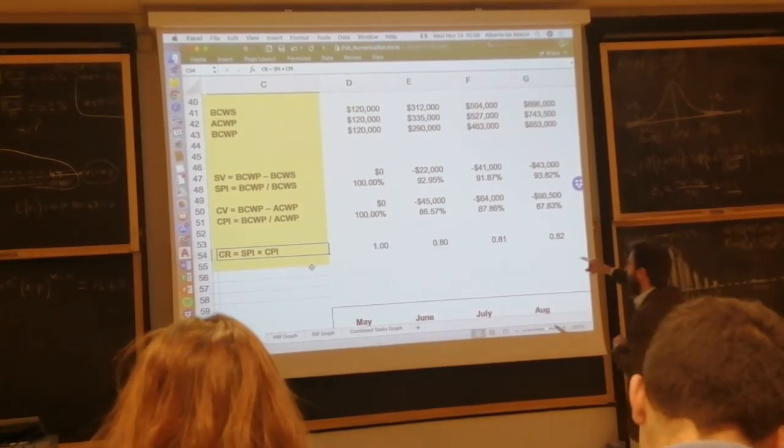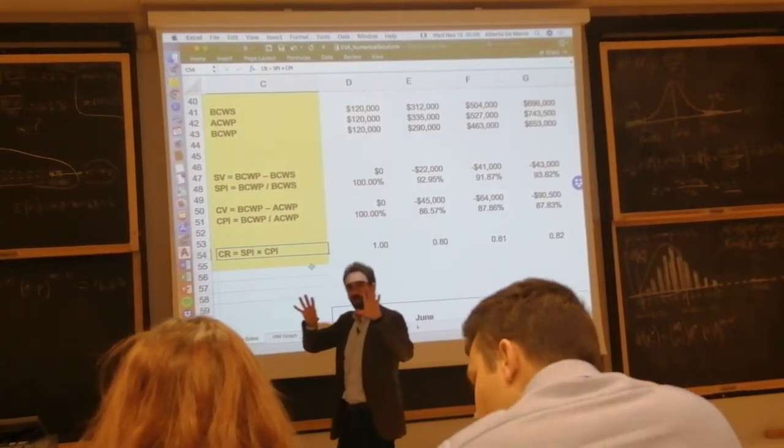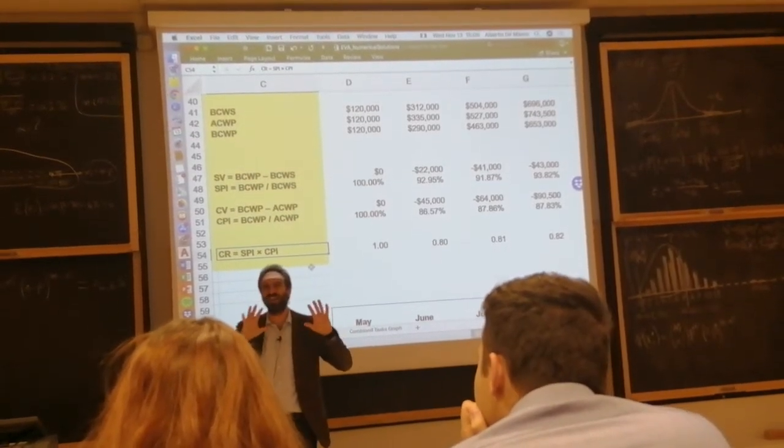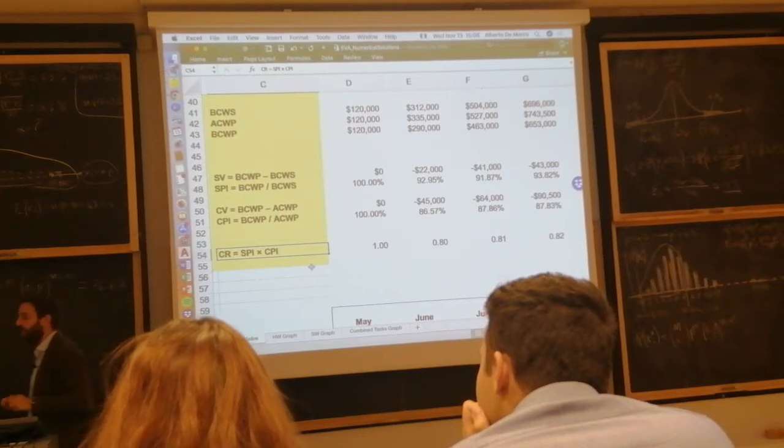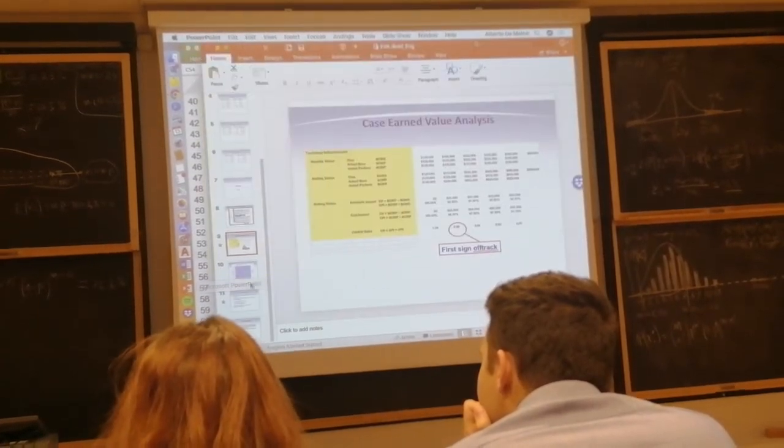When it goes very low, below 0.8, it's a warning signal. When it goes lower than 0.85 or 0.8, it's a warning signal that you really need to take care of it and take actions.